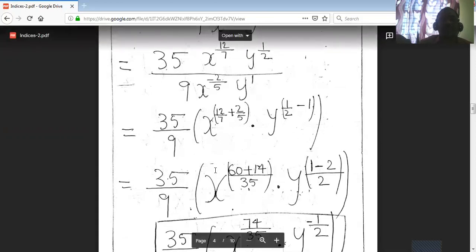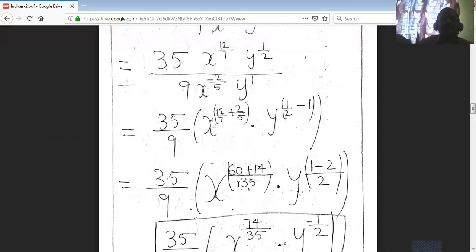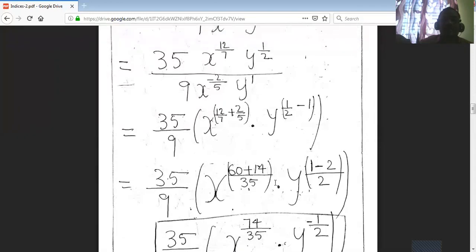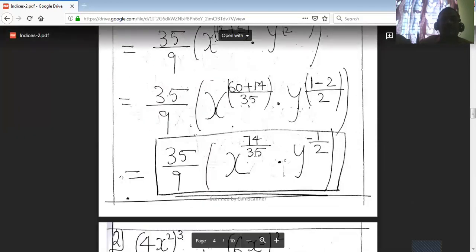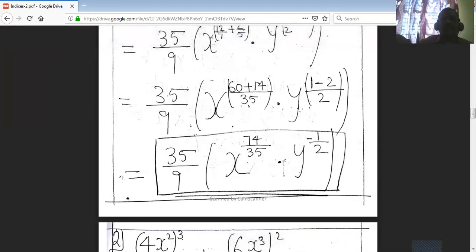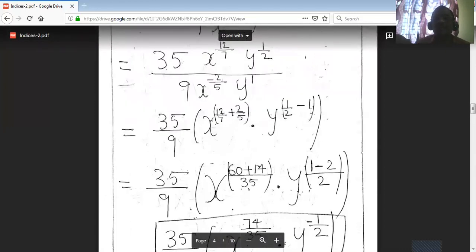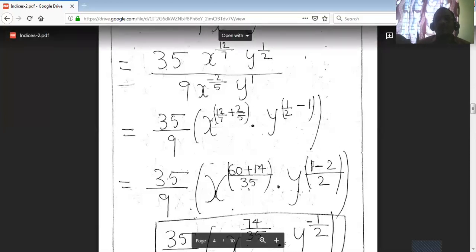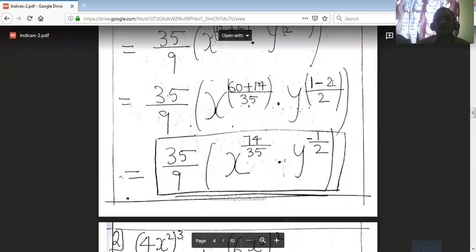This is 35 divided by 9 x to the power of, if you take LCM, 7 and 5 LCM is 35, and this is 12 5s and 2 7s, 60 plus 14, 74, this becomes 74 by 35. 35 by 9 x to the power of 74 divided by 35, and this is y to the power of 1 by 2 minus 1, and LCM is 2, 1 minus 2, that becomes minus 1 by 2.